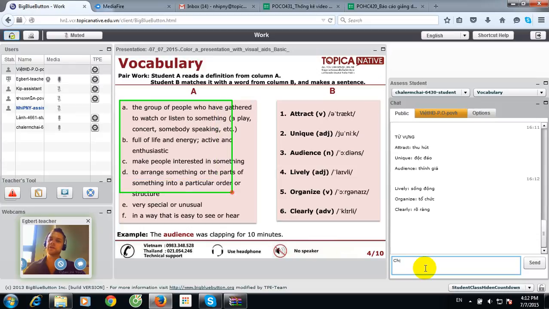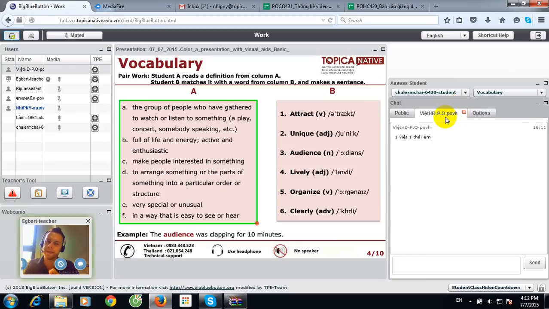Okay, so then we go to the definitions. So students, first read the definition out loud. After that, also match the definition with its correct word. And then both of you will make a sentence using that word. So Chalamchai, you can go first.